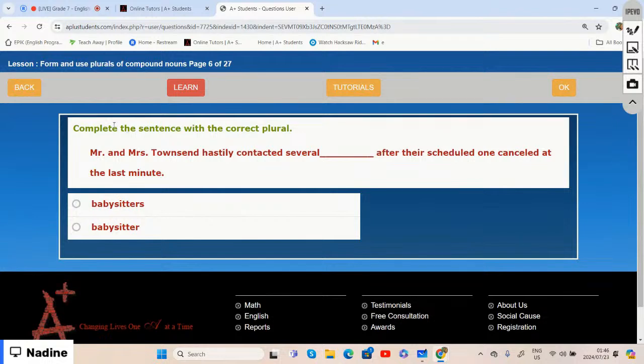So we're going to complete the sentence with the correct plural, right? Refers to more than one. This is the last one. It says Mr. and Mrs. Townsend hastily contacted several, do we say babysitters or babysitter, after the scheduled one cancelled at the last minute. So option one for babysitters or option two for babysitter.